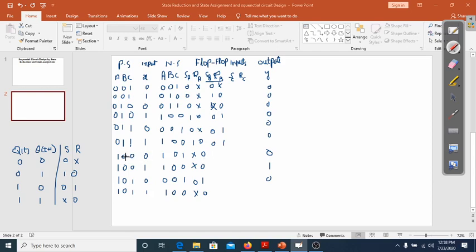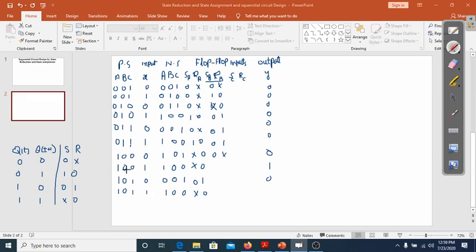Here the present state is 0, next state is 0. When the present state is 0 and next state is 0, in this case, I will use set is 0 and reset is don't care.